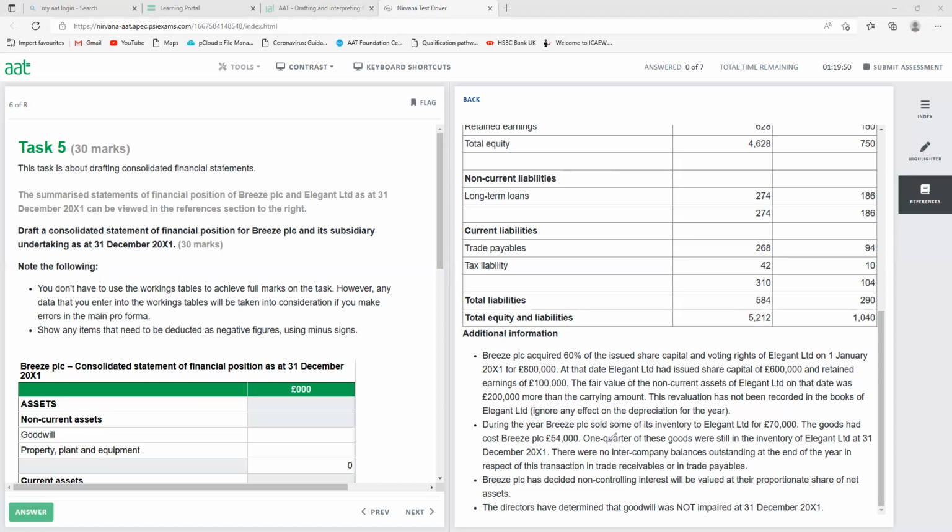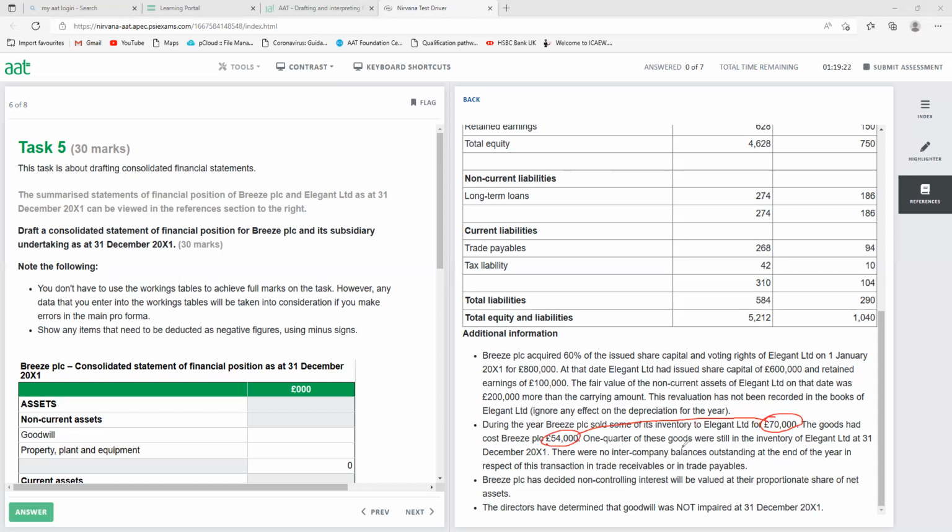So you can see here, 70,000 we sold to E Limited. And we can see the cost was 54. That means the difference, 16,000, we make a profit. And very carefully, we need to look at how much of the inventory we still have in the warehouse.